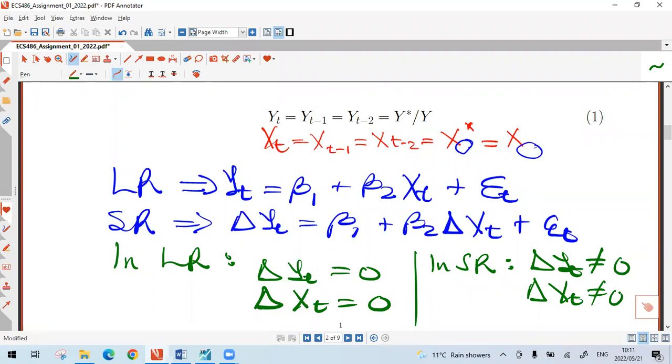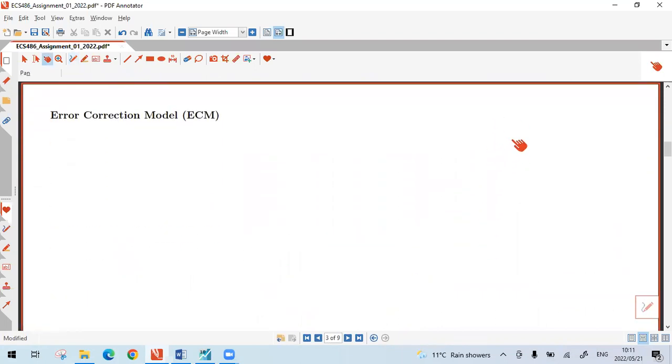So we'll move on to our ECM, and ECM is very important. Why is it important? Obviously, it will help us in finding the relationships between variables in the short run. Why is the ECM important?